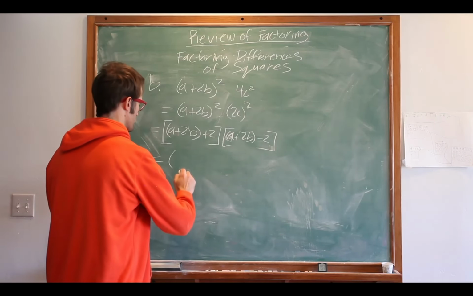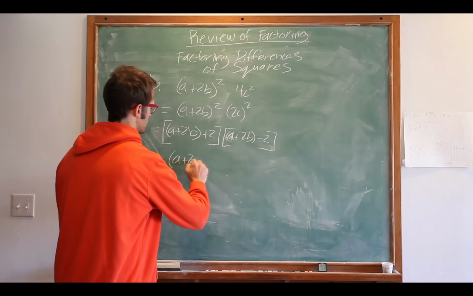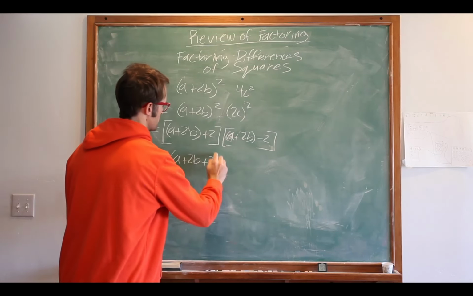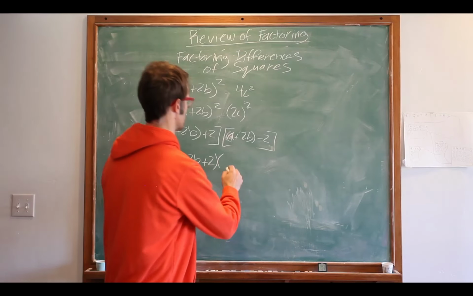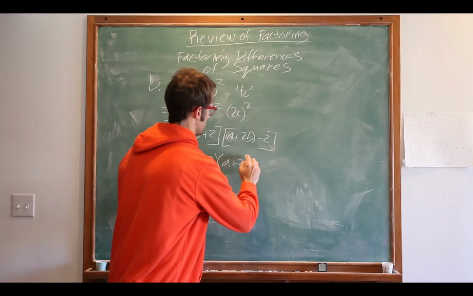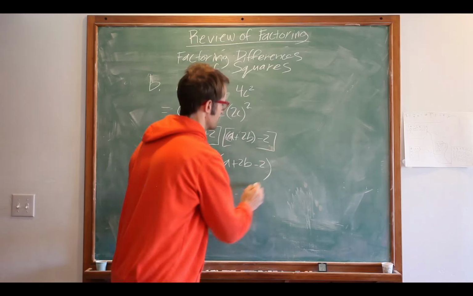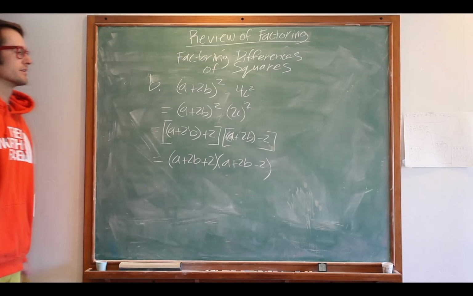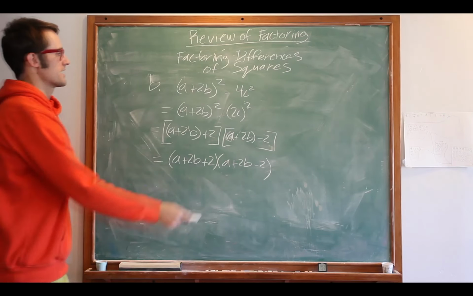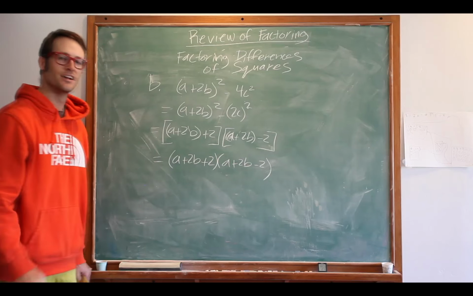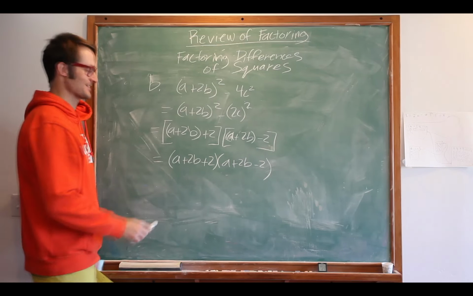So just rewrite it: a plus 2b plus 2c times a plus 2b minus 2c. And if you multiply that out, you will get this answer: left to the diligent student.